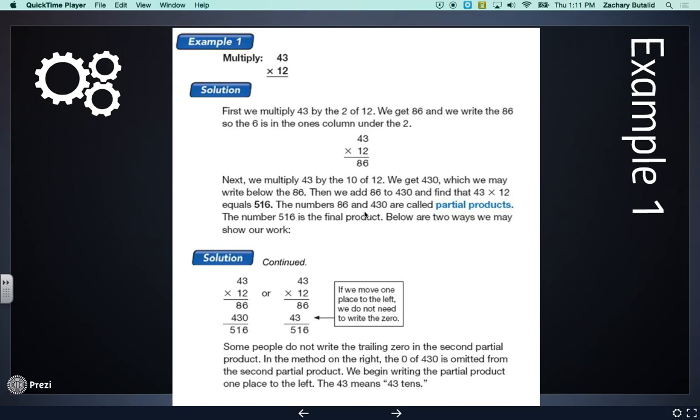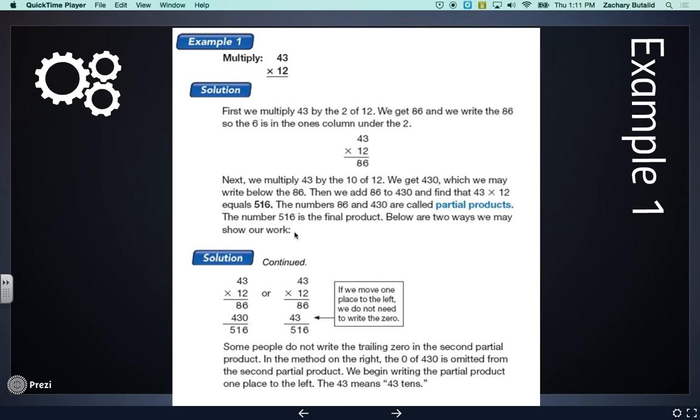The numbers 86 and 430, these are called partial products, okay? So it's only part of your solution. It's just a part of the multiplication problem. So these are the products of the 2, and then this one's the product of the 10. So this is partial products.